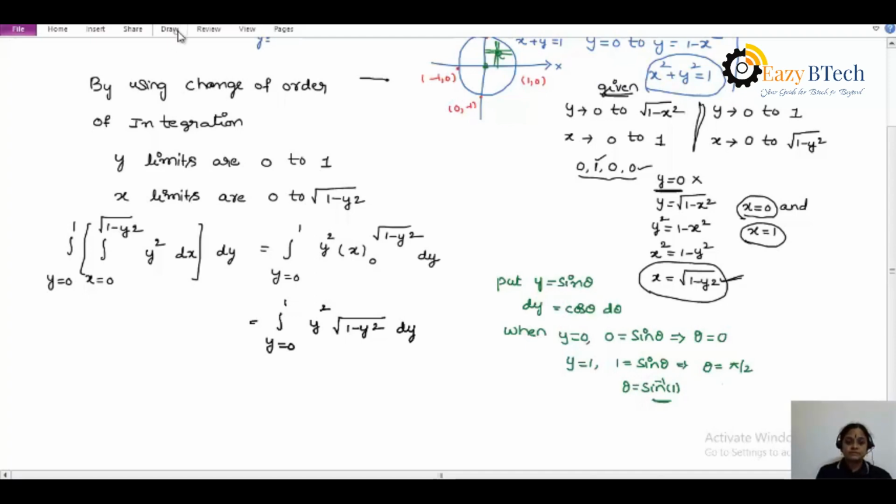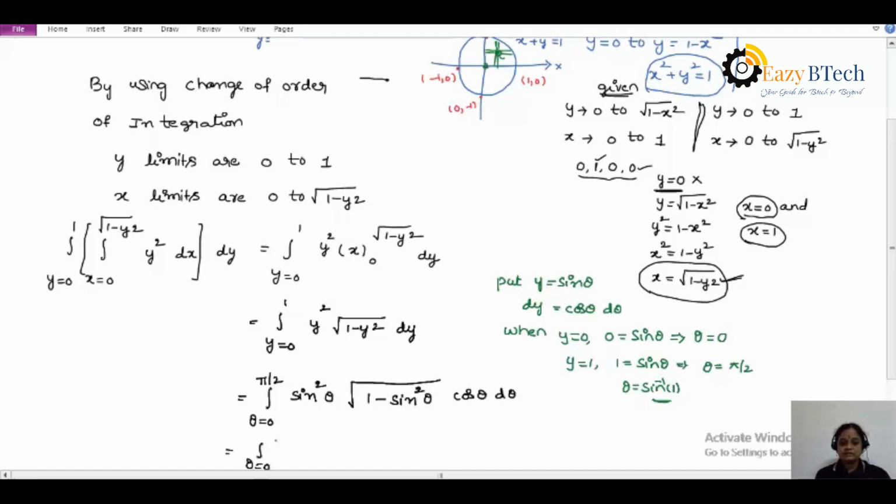Now substituting the limits and substitution values, the integral theta is equal to 0 to pi by 2. y square is sin square theta, and root of 1 minus y square, that is root of 1 minus sin square theta, and dy is cos theta d theta. Then integral 0 to pi by 2 of sin square theta. So 1 minus sin square theta is cos square theta.